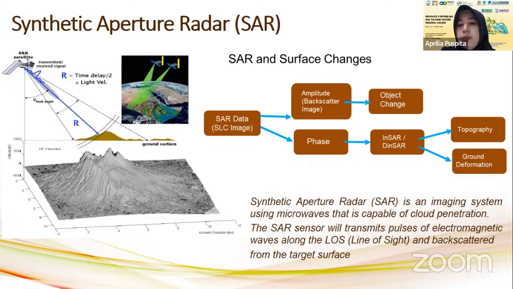We can use the GRD image to monitor object change, and the phase image, or SLC image, or single look complex image, we can process with the InSAR or DInSAR method to output a topography map or ground deformation.